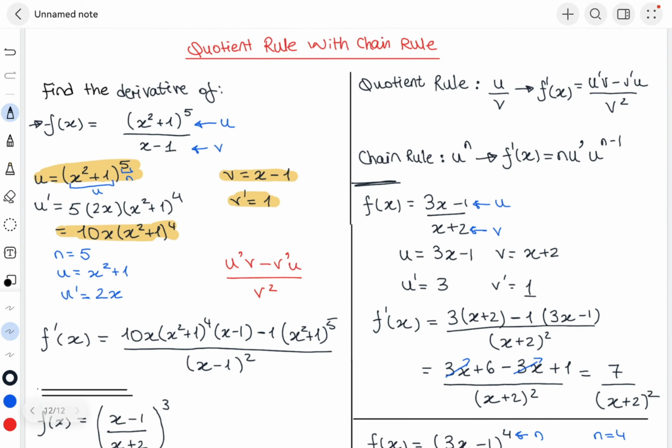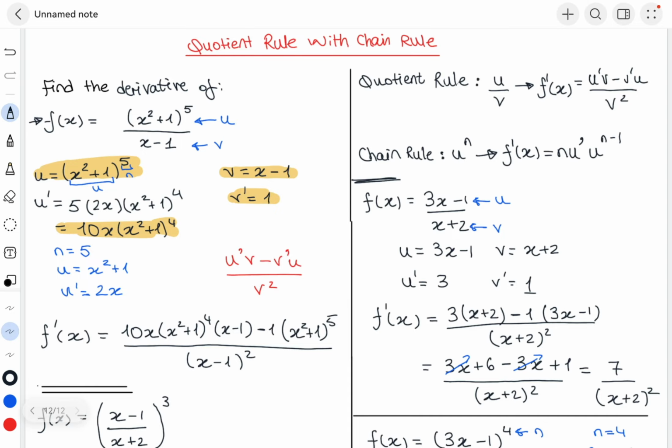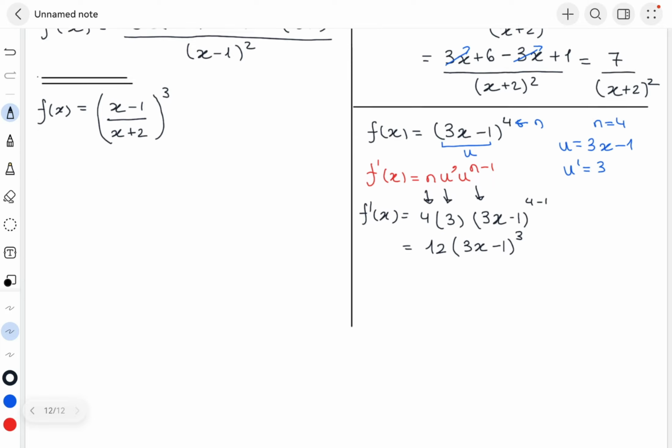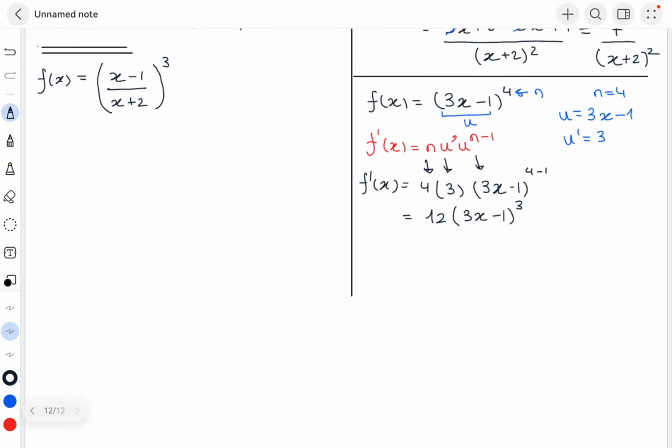Whereas in the previous example, we first did the chain rule to find u prime, and then we did the quotient rule to find f prime of x. Here, as I mentioned, we start by implementing the chain rule, by taking the function to be u and the power to be n. So now, our n is 3.